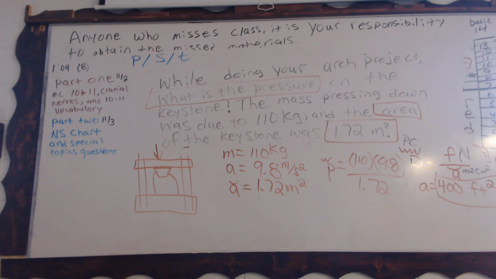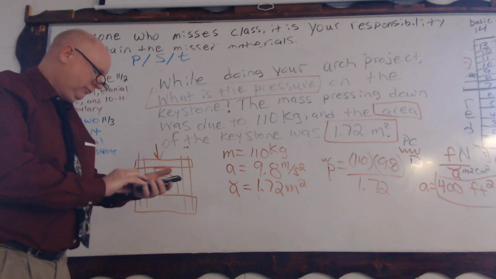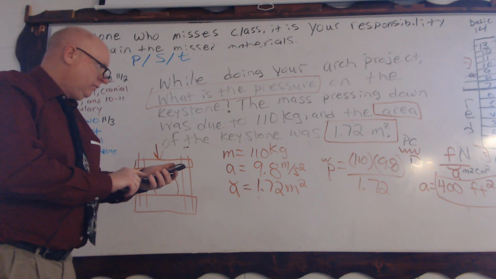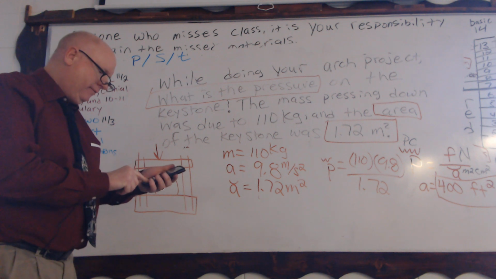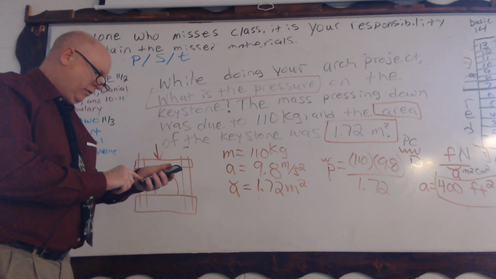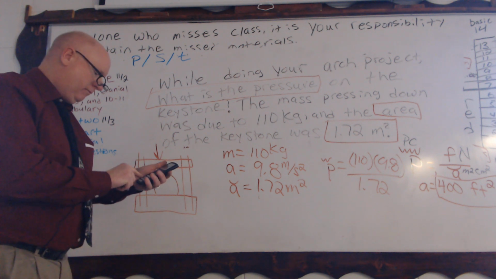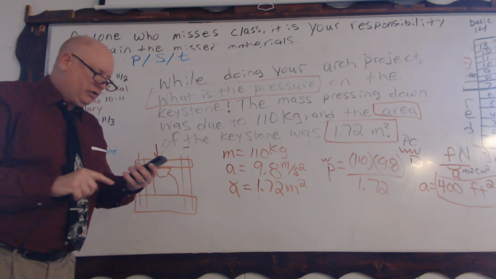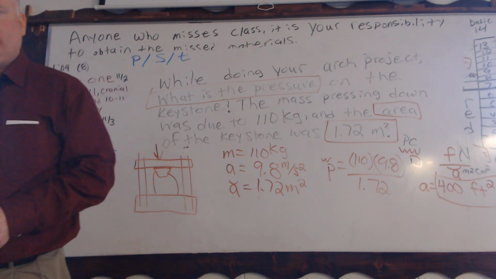So 110 times 9.8 divided by 1.72 gives you what? 626.74 pascals. Okay.